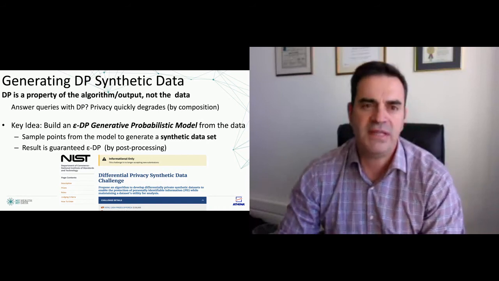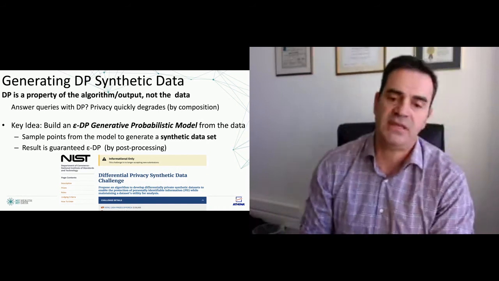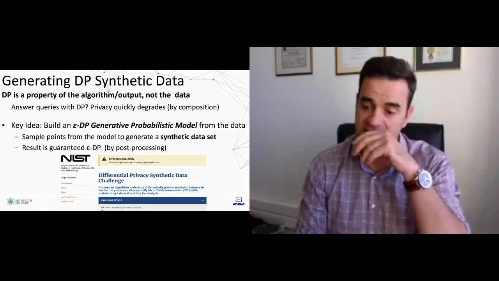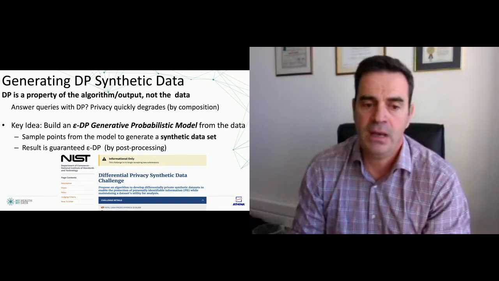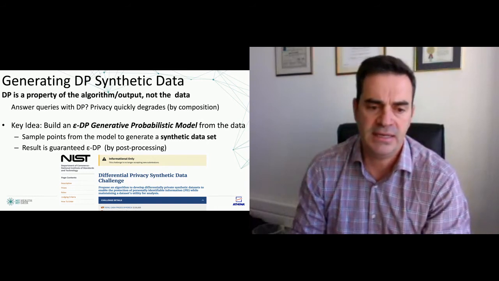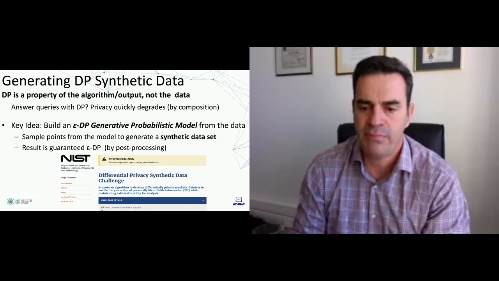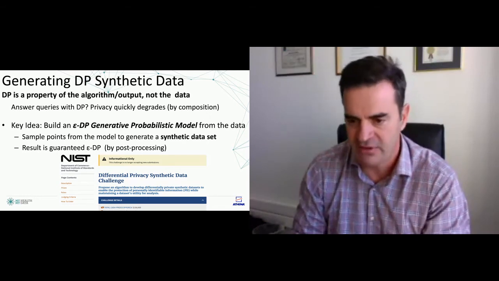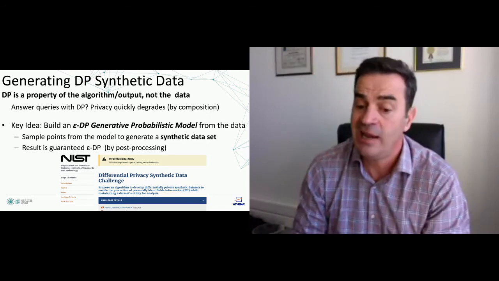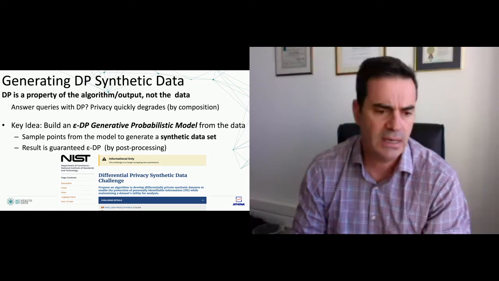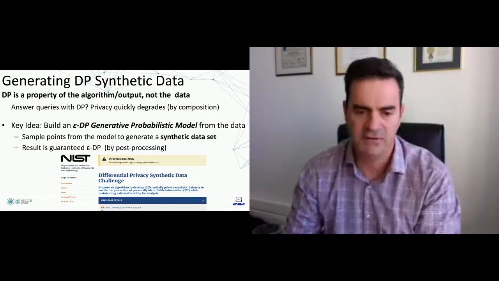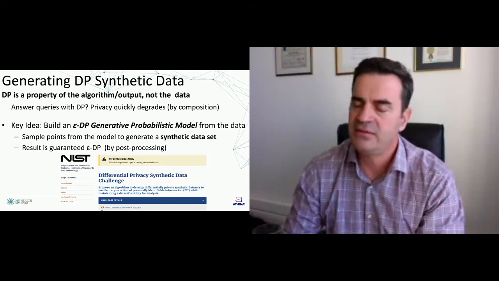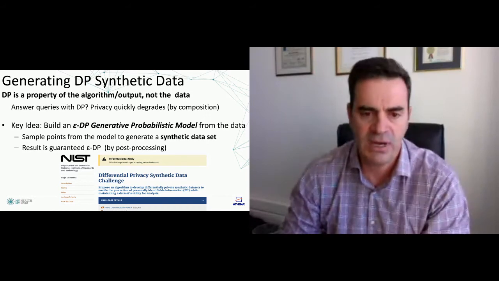Now, differentially private synthetic data sets is a concept that has been gaining a lot of steam. In the US, NIST held a differentially private synthetic data generation challenge. I think it was in late 2019, with a hefty prize, about $150,000, with many entrants, and they had some really interesting results.